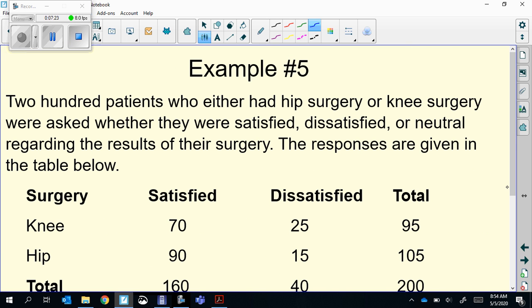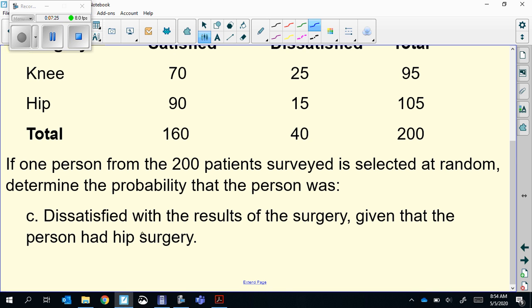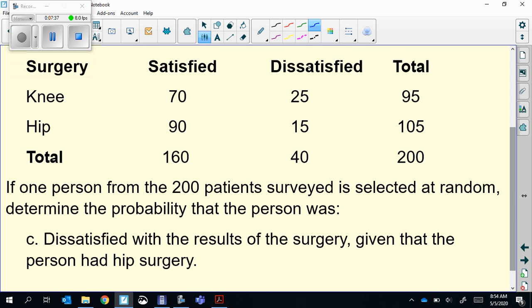Still the same situation. New question. Determine the probability the person was dissatisfied given they had hip surgery. So again, we're looking for the overlap. Dissatisfied with hip surgery.